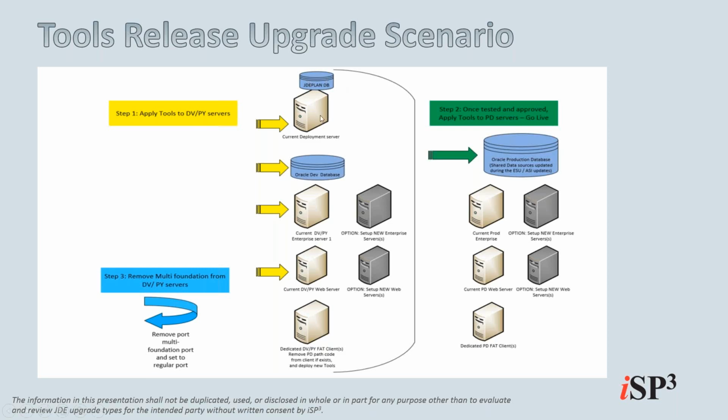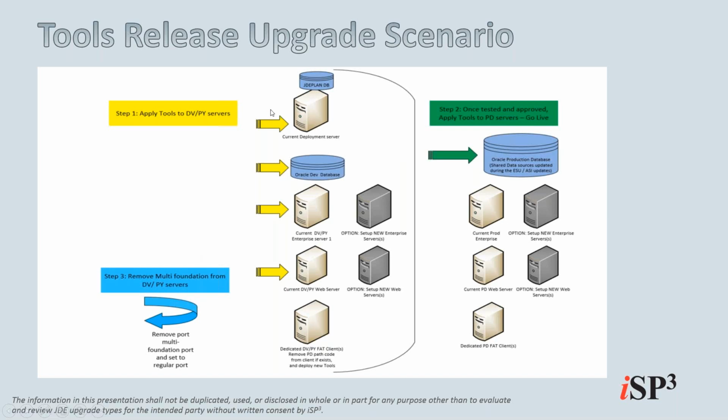So updating the tool set on the DV and PY servers, on the new ones as well. And then the team goes in and actually tests the tools, and that would be on the new servers. And then you apply it to the PD servers and go live. So once that process is finished, then you remove the multi-foundation.